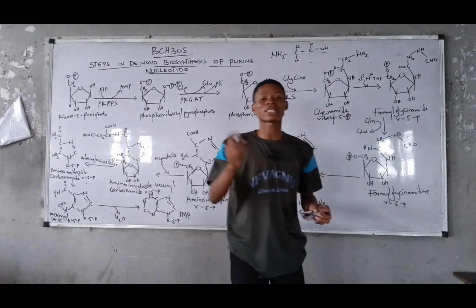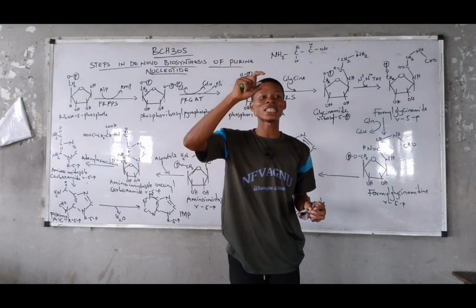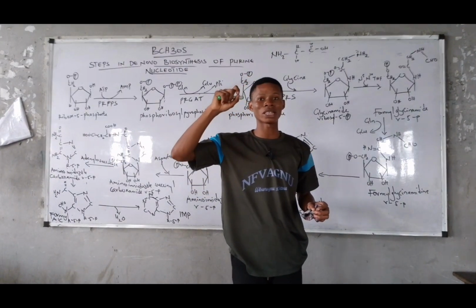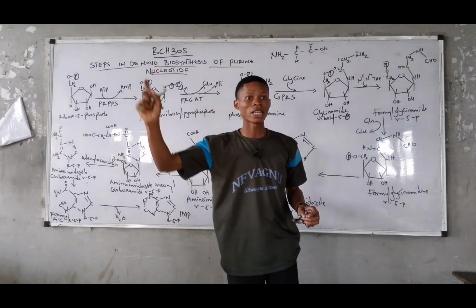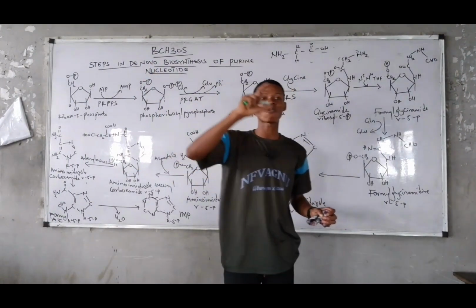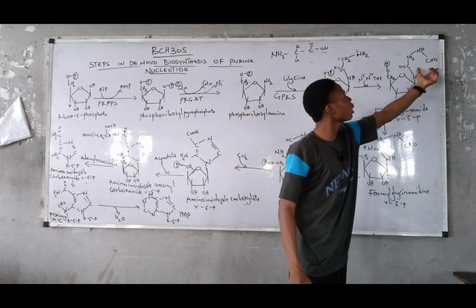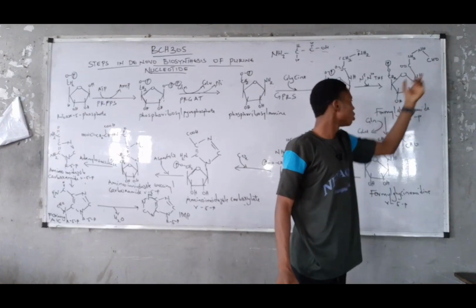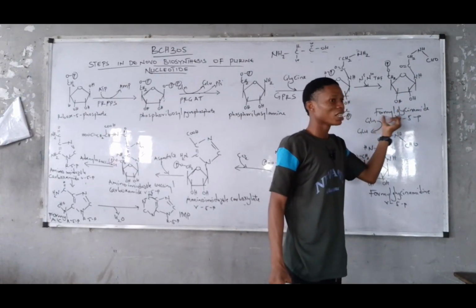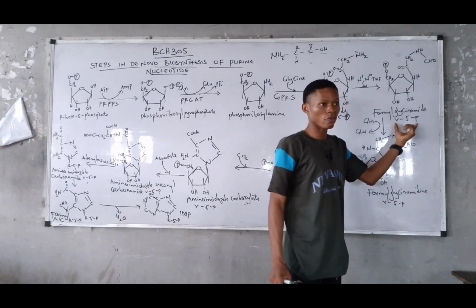And anytime tetrahydrofolate is coming in, there is a prefix that will be attached: formyl. That is why as tetrahydrofolate came in to attach this one carbon unit, the name changed to formylglycinamide ribosyl-5-phosphate.